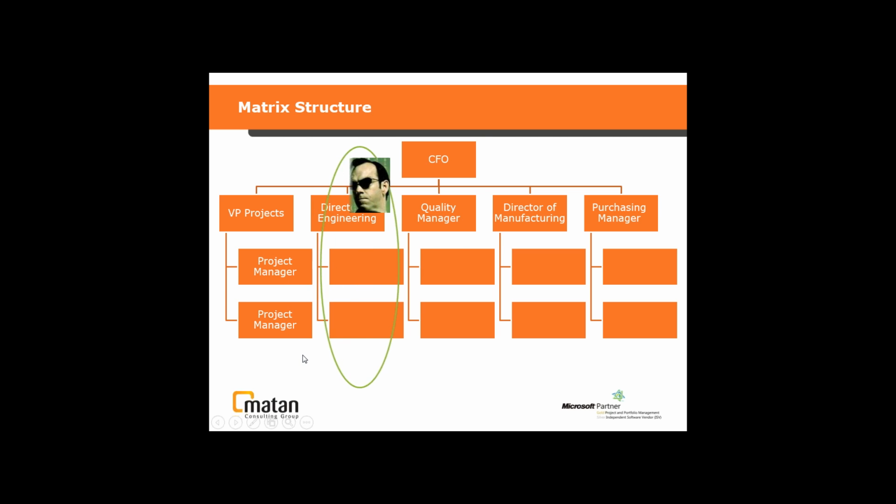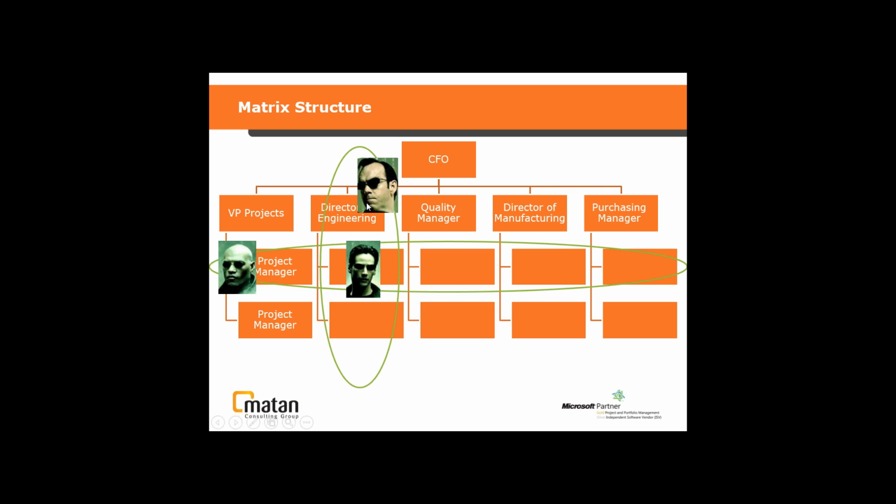And when you look at the functional manager, he is in charge in many cases of the people, and the project manager is also in charge of the people that are working on the project. Then you have the person in the middle, and suddenly you have a person that has two managers.